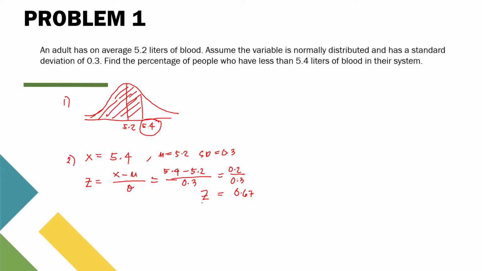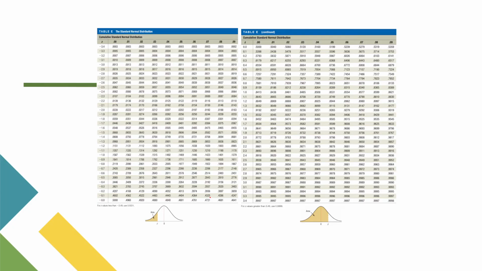Okay, so we have to look for the value for our z in the table. Let's look at 0.67 in the table. Okay, this one. The value for the area is 0.7486.